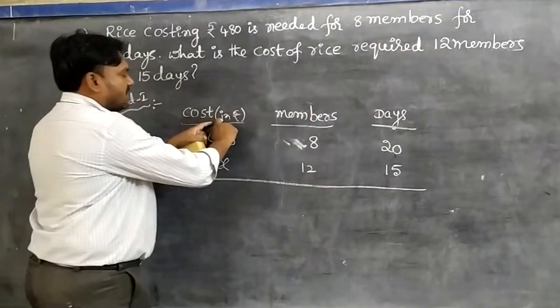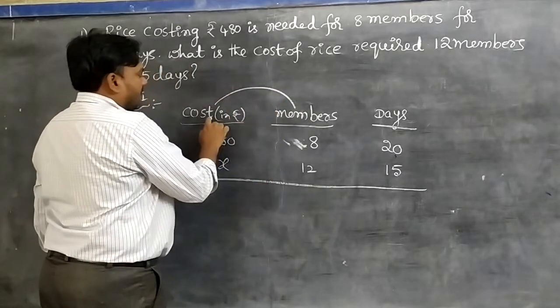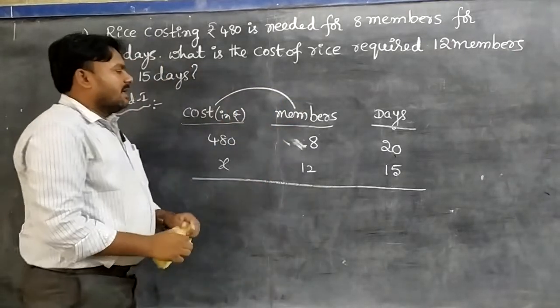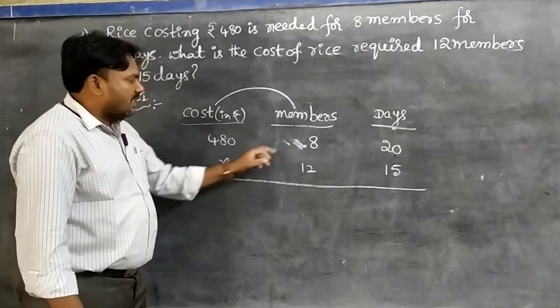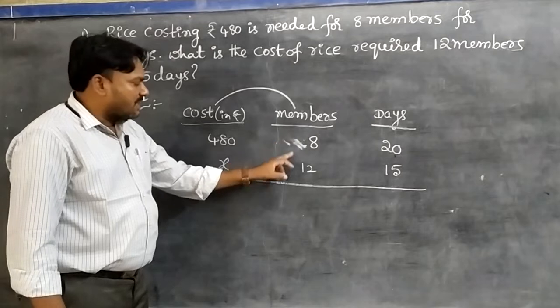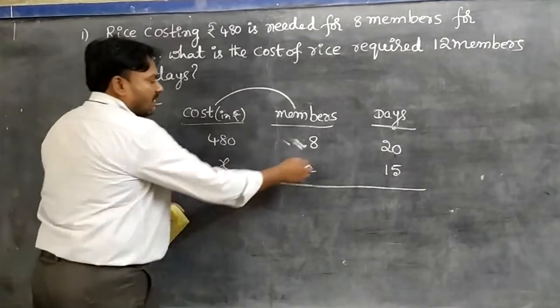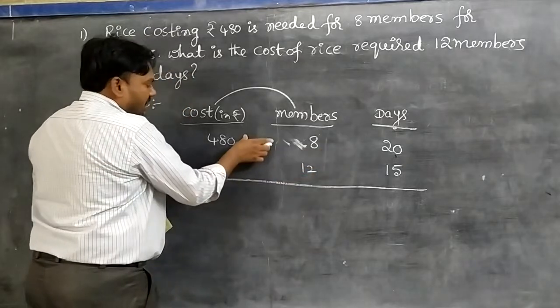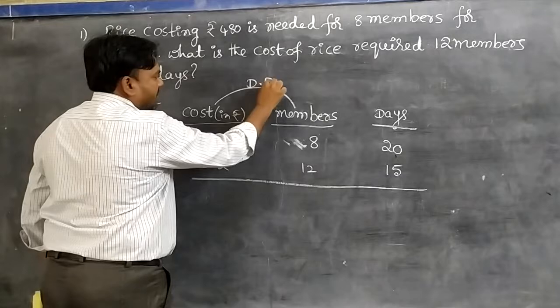First comparison of first and second: what is the relation of cost of rice and members? 8 members, 480 rupees; 12 members, how much? Here members increase, so the cost value also increases. One quantity increases, cost also increases, so it is direct proportion.